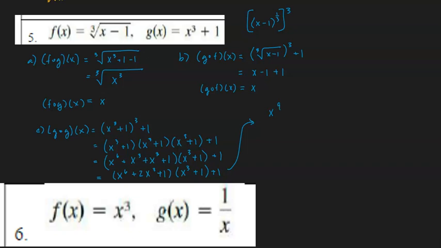We take that x to the 6th right here, and x to the 6th times x to the 3rd, we add the exponents, to the 9th. And then it's x to the 6th times 1. So that's going to be plus x to the 6th, and then we're going to take that 2x cubed and multiply it by x cubed. That's 2x to the 6th.